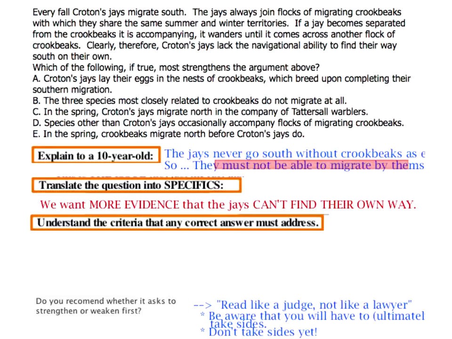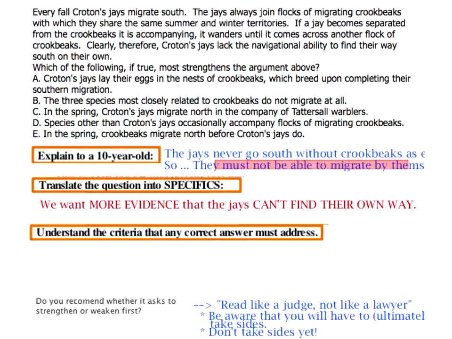They don't say they need specifically crook beaks to be the escort. Maybe they could just as easily follow a plane that's going from New York to Miami. Who knows, right? The point is that they have to follow something. It doesn't have to be a crook beak. It just has to be a thing that is also going south and then going back north in the spring. So they have to follow something.